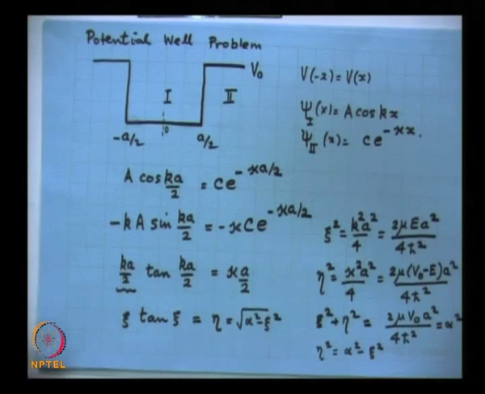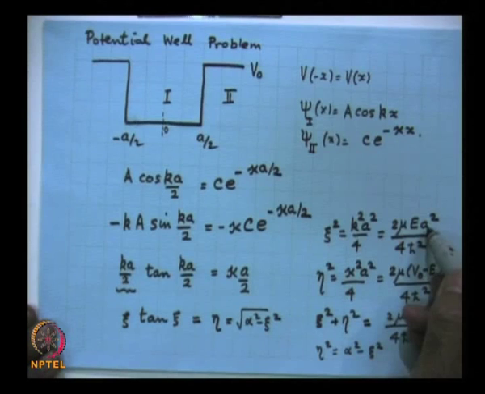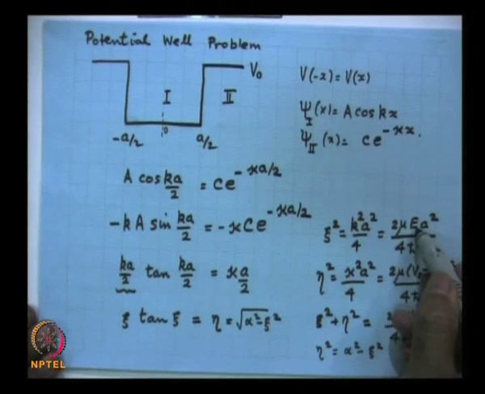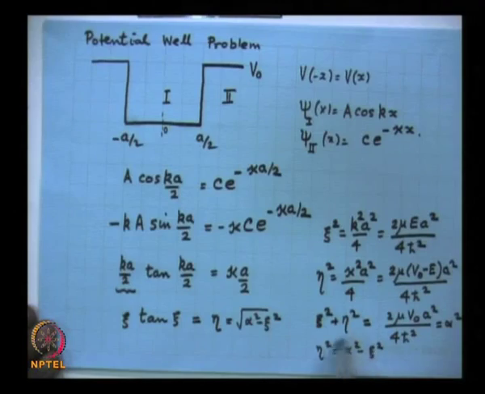So, you see, for a given value of mu, for a given value of a, and of course, h cross is a constant, the only unknown parameter is xi. For a given potential well, alpha is known, because mu is known, V0 is known, a is known, h cross is a constant. So, alpha is a number.